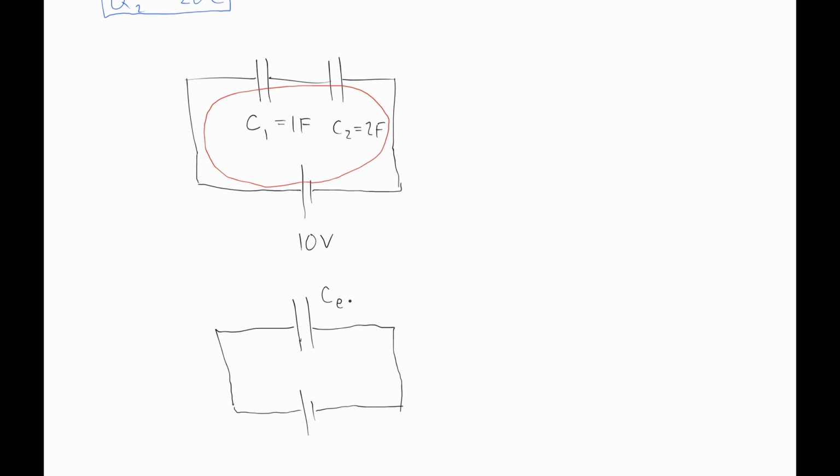It's called CEQ again. Now it has a different formula for series. The formula is CEQ for series will be 1 over 1 over C1 plus 1 over C2. It's a little bit more complicated math.